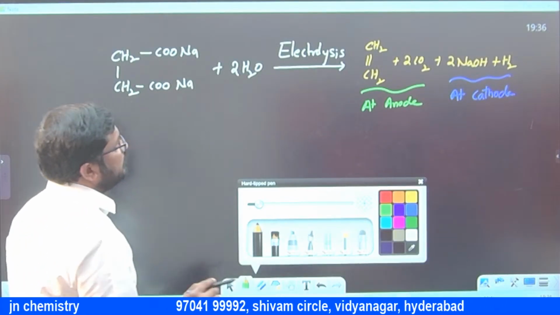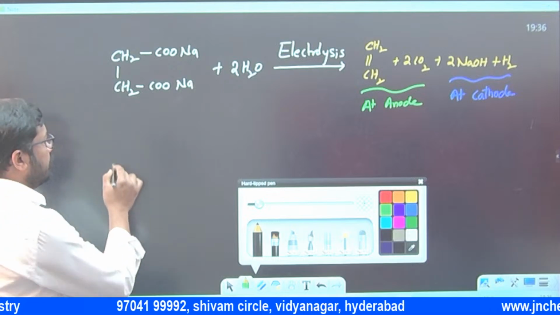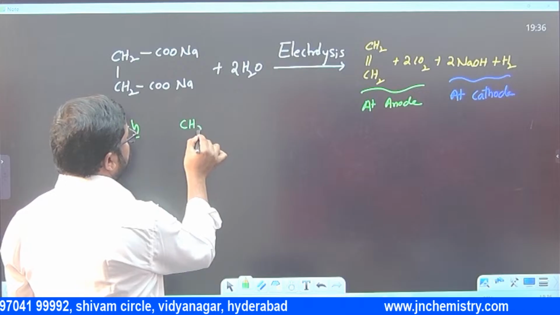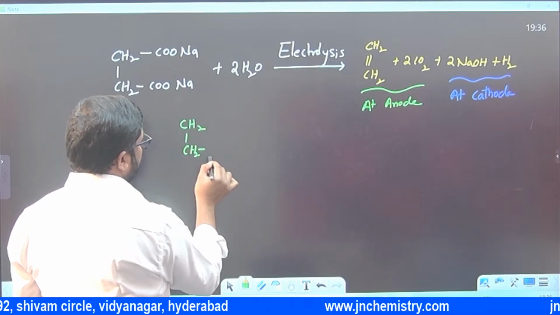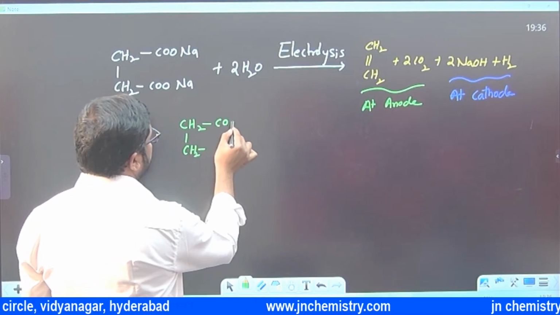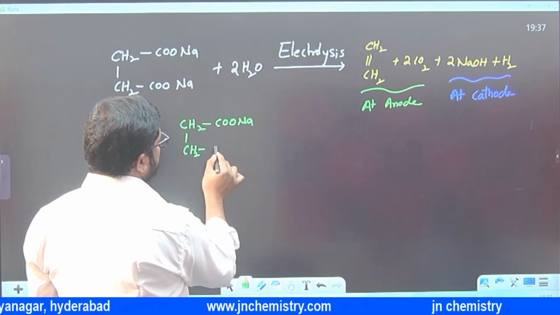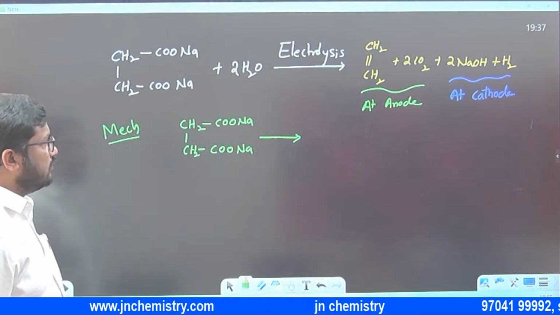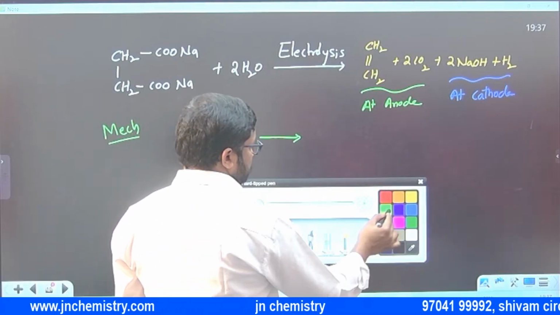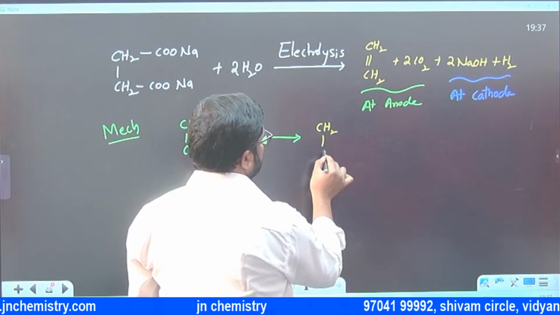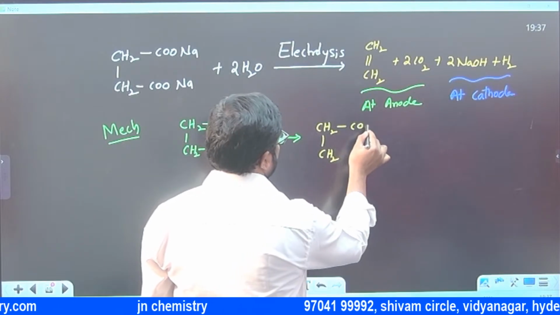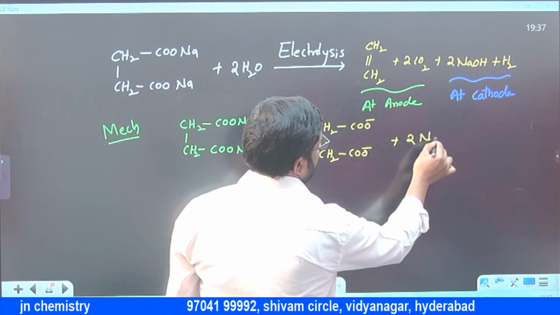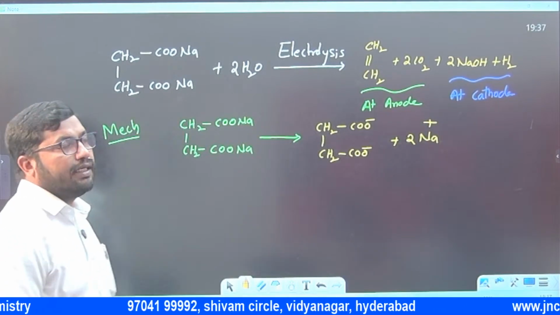Krishna, which color seems to be good enough? White, green, yellow. Okay. Right? The first step now.